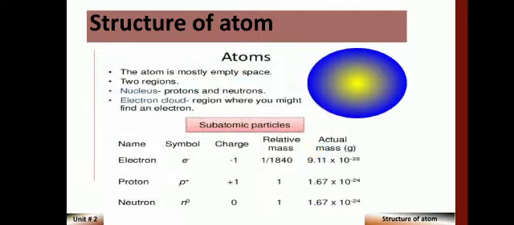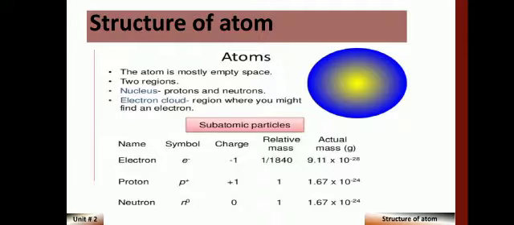The atom is mostly empty space and it has two regions: the nucleus, which contains proton and neutron, and the electron cloud, the region where you might find an electron. Subatomic particles are electron, proton and neutron. Electron has the symbol e negative, proton is p positive, and neutron is n naught. Electron has charge -1, proton has +1, and neutron carries no charge.